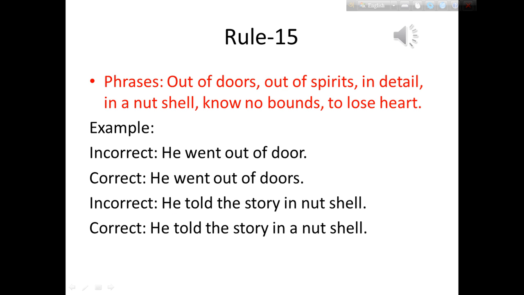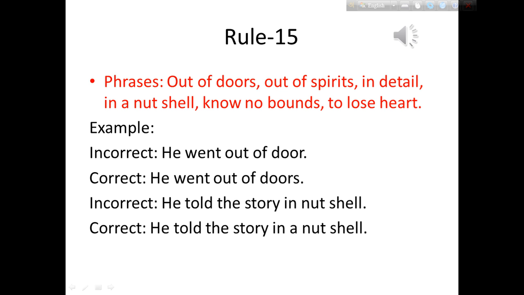Rule 15, phrases. Whatever we have to keep in mind is that phrases are elements of a specific language. So we cannot change the phrases. Whenever we use them in a specific sentence, we have to keep the phrases as they are. So here we have some phrases for you.